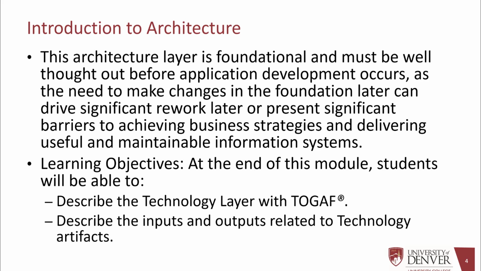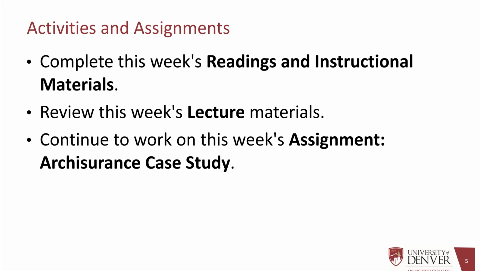You've got to think it through, and we're going to try to describe this with TOGAF, the inputs and outputs, so you'll have that. We started on that theme a couple of weeks ago, and we're making progress here. Complete the readings, look at the lecture material, but we are going to work on Arch Assurance with all our might, and we'll get into it tomorrow night for sure.